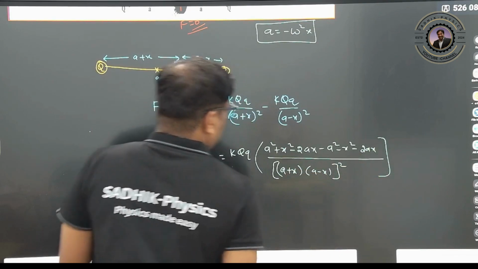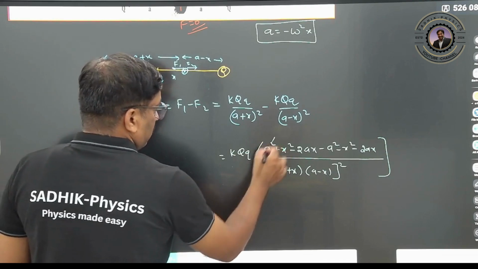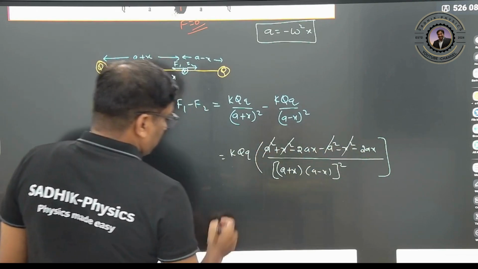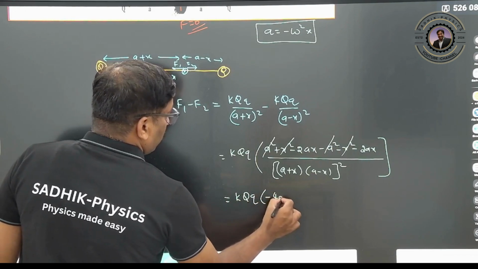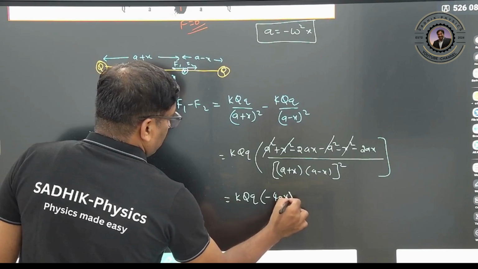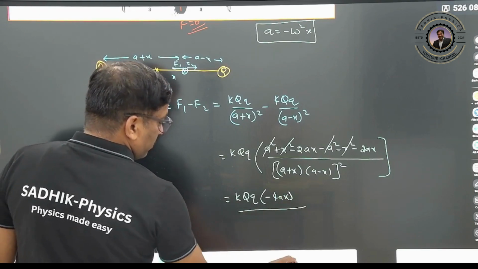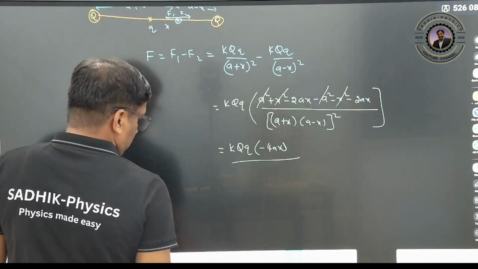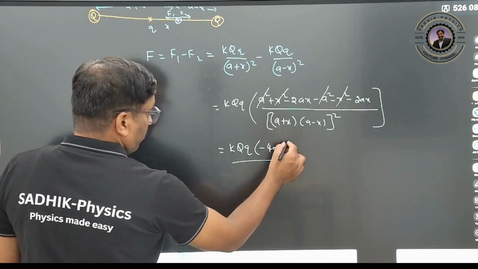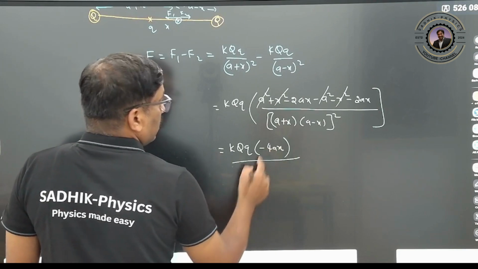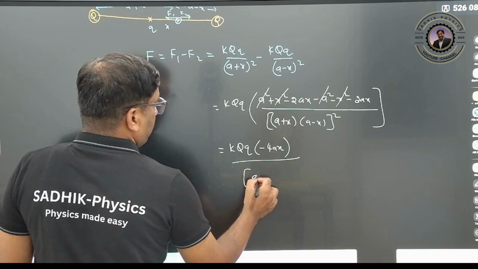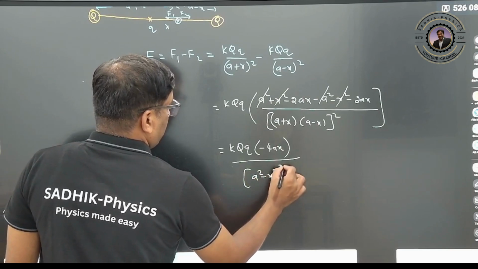Clear? Just simple mathematics. This will get cancelled out. So K Q q times minus 4ax divided by (a plus x) into (a minus x), which is nothing but (a square minus x square) whole square.